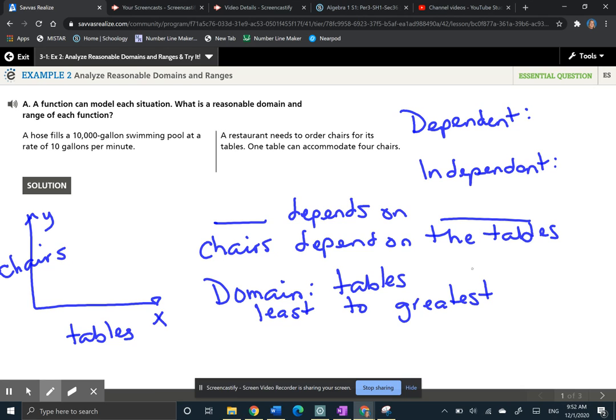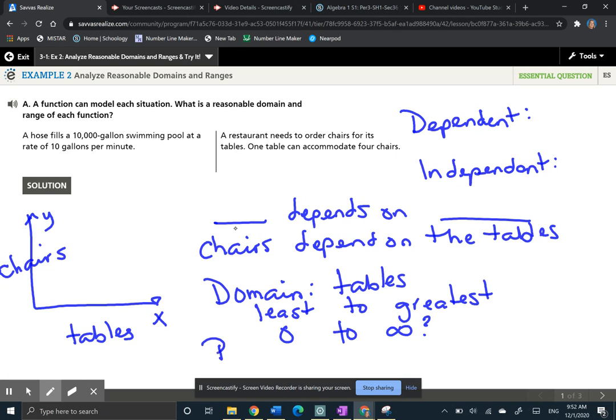Your least amount of tables is 0, to what is the greatest number of tables? We don't know. So 0 to, we'll say infinity, because we can have, I guess, infinitely many tables. Or let's say the restaurant only has 20 tables, then your domain would be 0 to 20. Okay, so we really don't know.